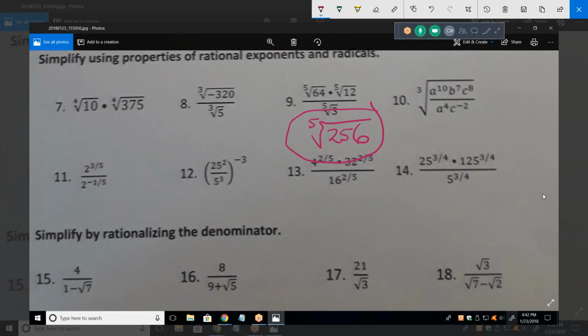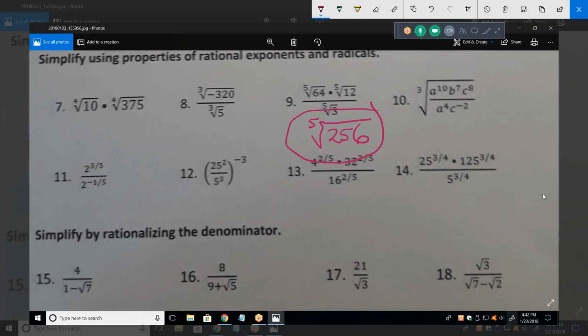Good, 32. Yeah, it's good to know your 2's. Now divide. I happen to know that 32 goes into that a whole number of times. How many times? 8.